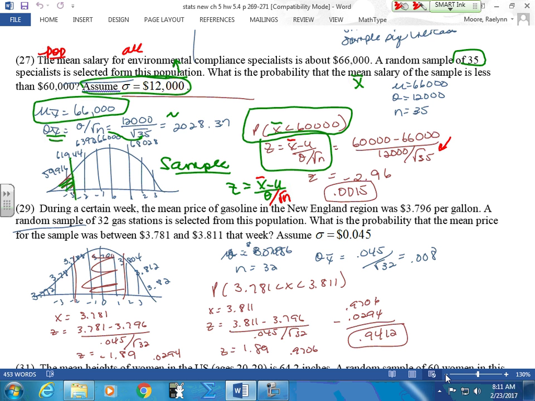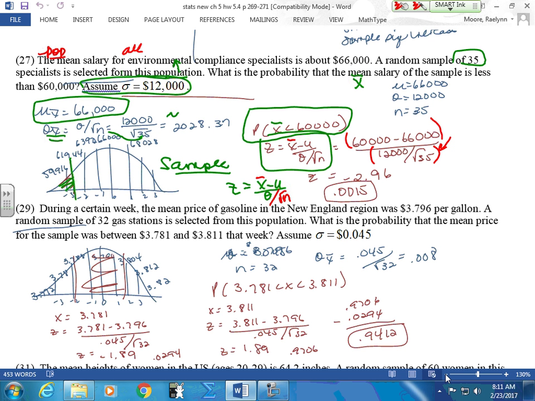You can use your calculator. Be careful if you don't have one with the software that you put parentheses around here. You get a z-score of negative 2.96, which we expected to be really, really low out there.